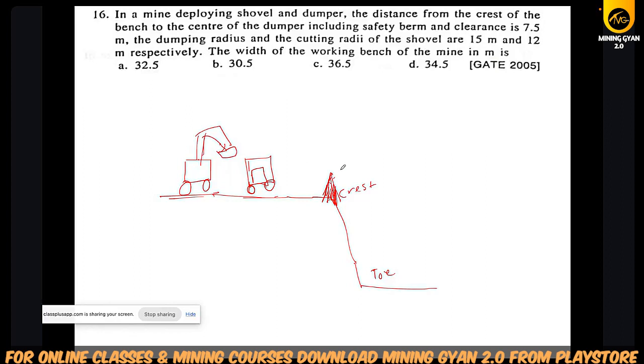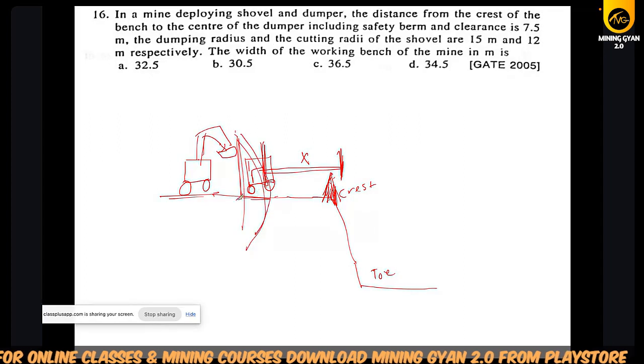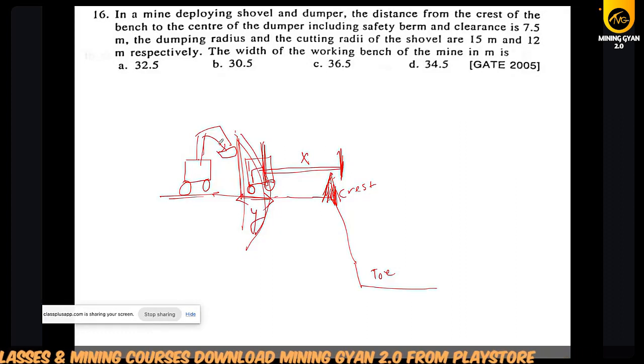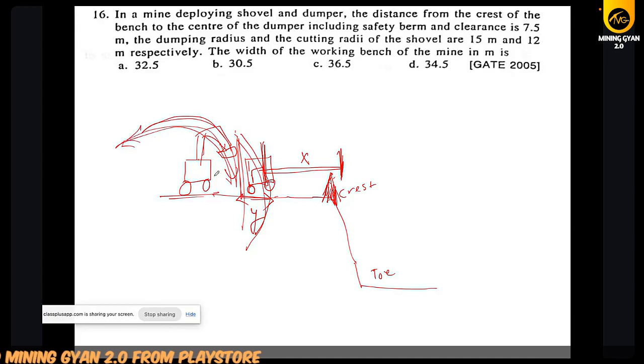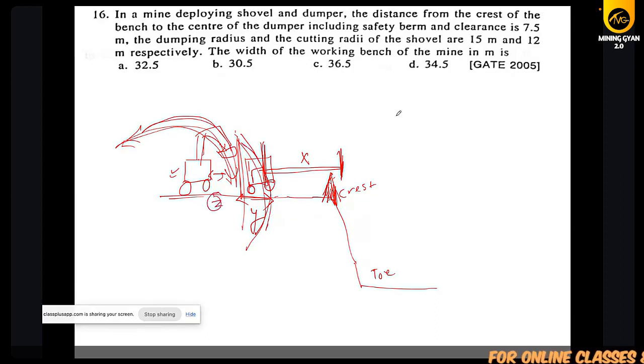So from this crest to the center of your dumper, and from the center of the dumper to the curvature, there will be some distance y. And because this is your shovel, it has a swing, so there should be no interruption in its swing. That means there should be no interruption in the swing of the shovel, so we also consider it. So it will be z. And the dumper will swing, but the dumper never swings to 90 degrees suddenly. Okay, so the dumper will not suddenly make 90 degrees.